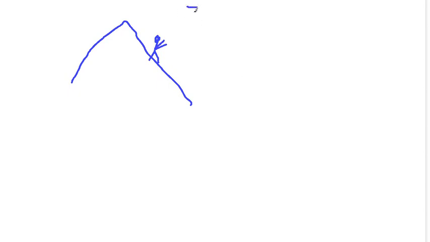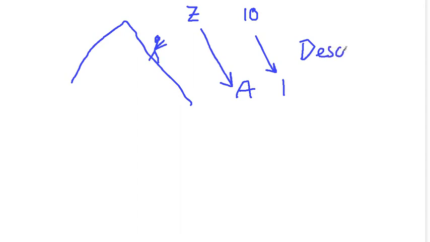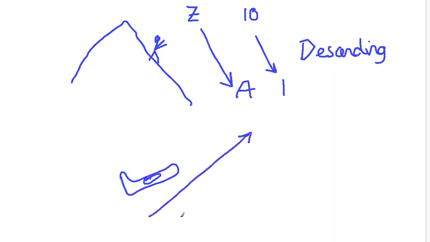So that could be high up in the alphabet, Z, down to A. And if you're descending, that could be 10 to 1. And if you're ascending, you might be in a wee plane, and that wee plane might be going from low down to high up, to take your holidays.